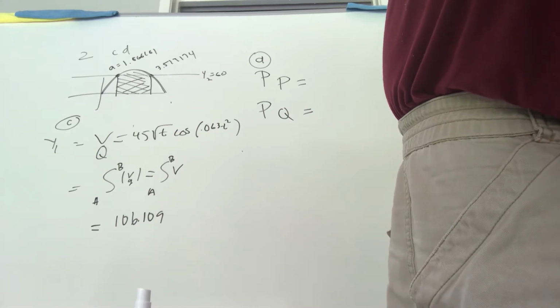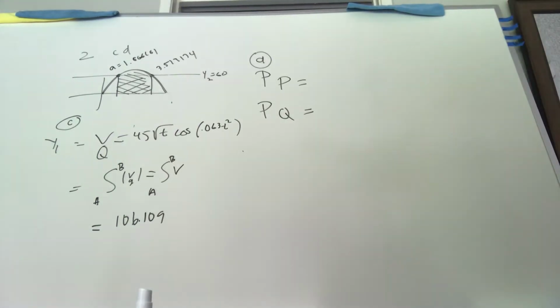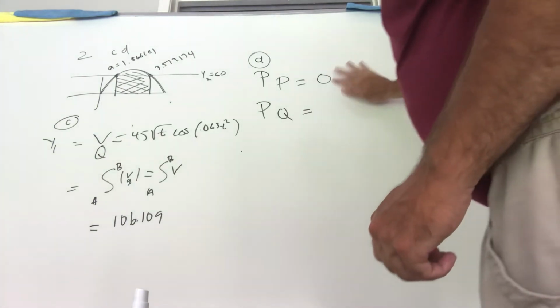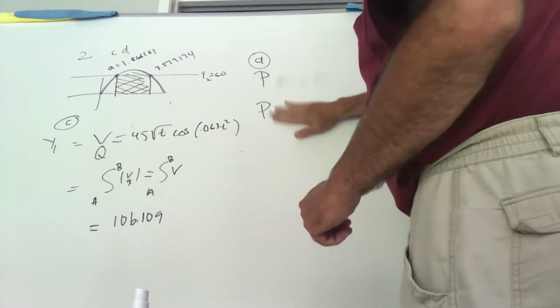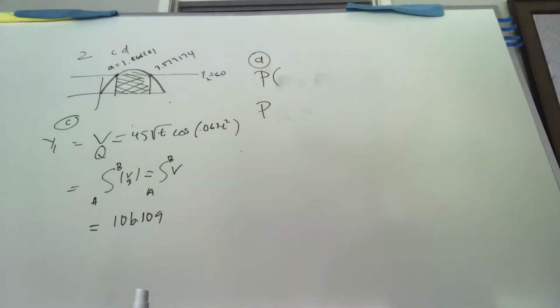We know that when P started, it was at the origin. Now I want to do this not the way I normally would. Let's do this right. We want to find P at 2.8, right?